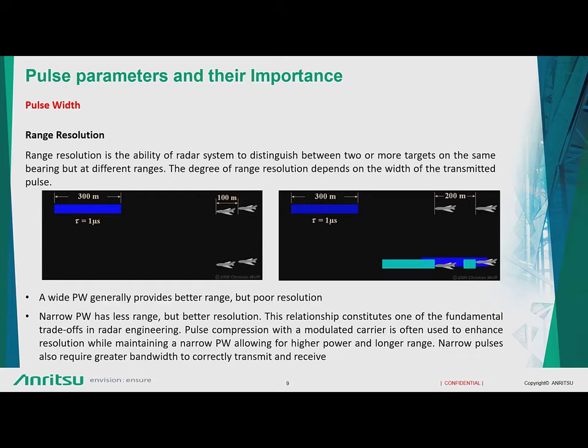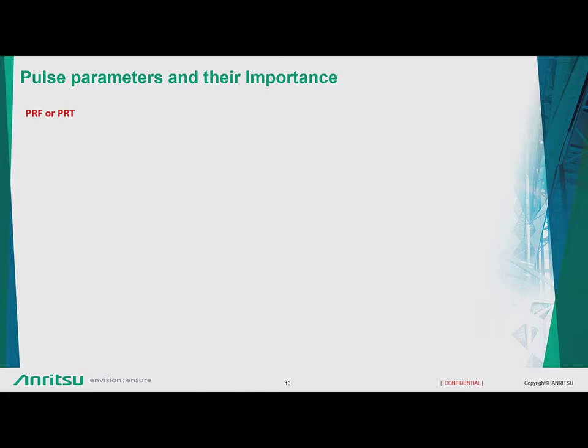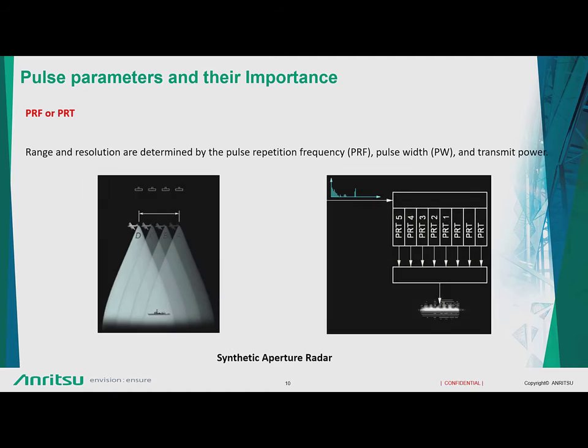The second important parameter is the PRF or the PRT, pulse repetition frequency or pulse repetition time. The best way that I could explain the effect of varying PRF and PRT is an example of synthetic aperture radars, which is basically used by airplanes.